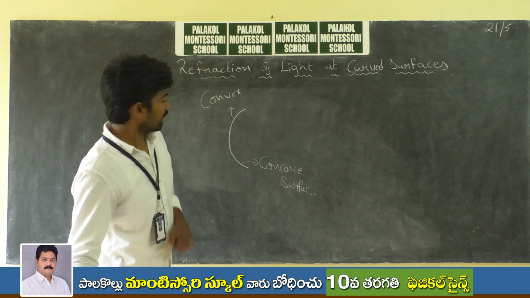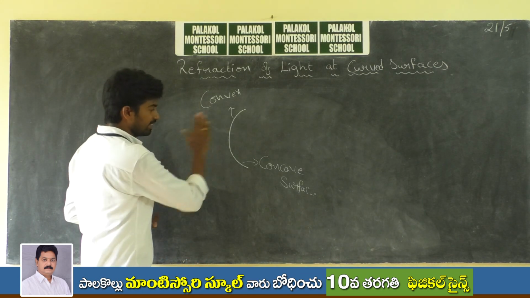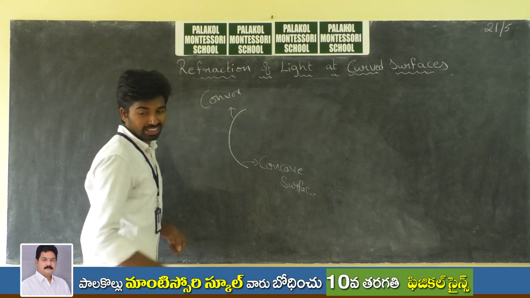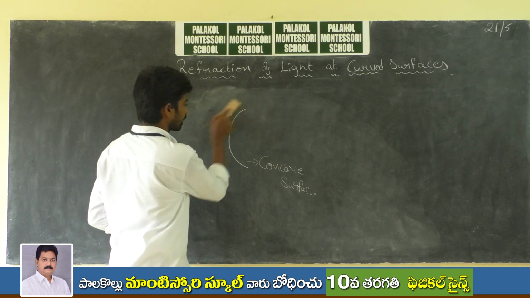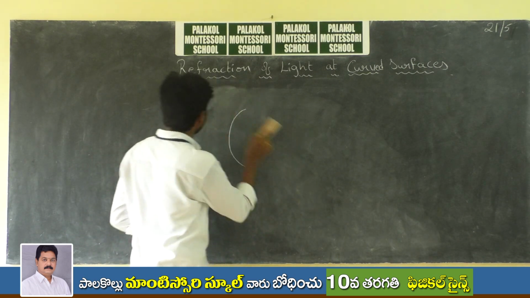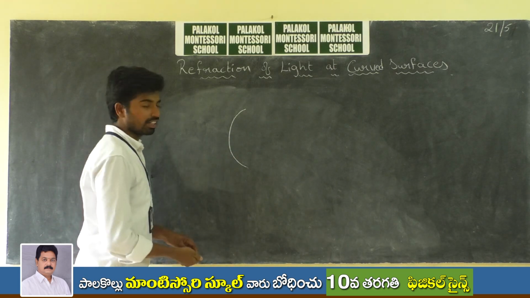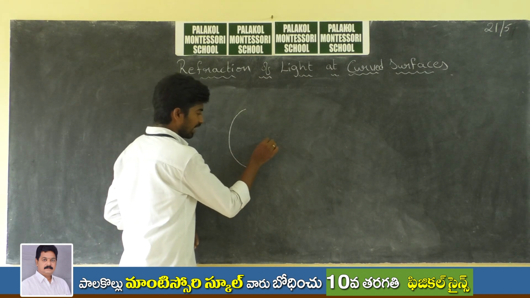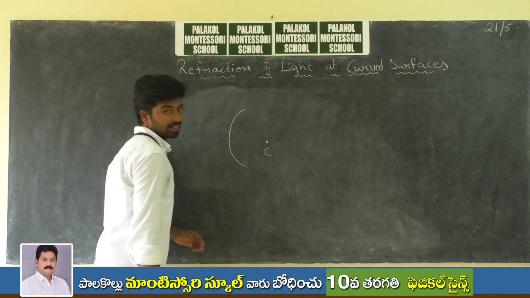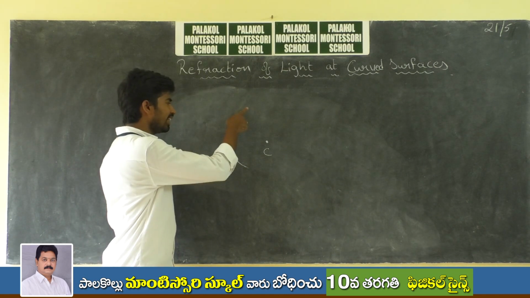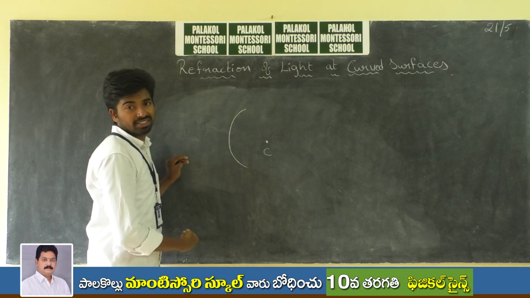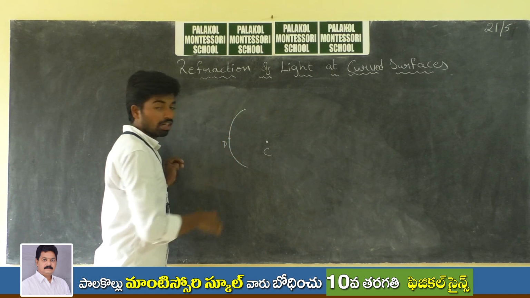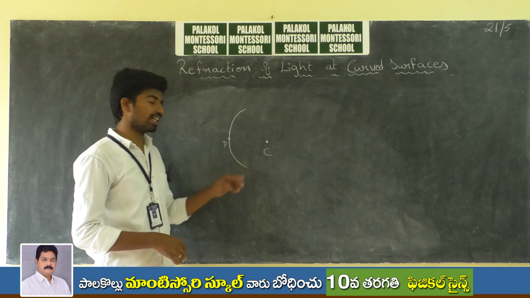So let us consider the case when the light is incident on the convex surface. I have considered a curved surface, and this is the center of curvature C. The midpoint of the curved surface is denoted with P, and it is called the pole.